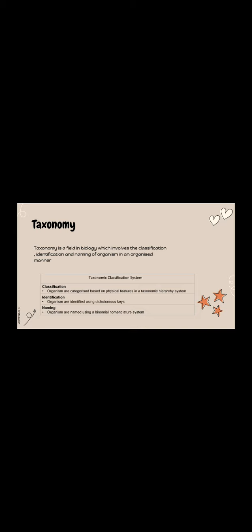As you can see here in the taxonomy classification system, classification is where organisms are categorized based on physical features in a taxonomy hierarchy system, while identification is where organisms are identified using dichotomous keys, and naming is where organisms are named using a binomial nomenclature system.